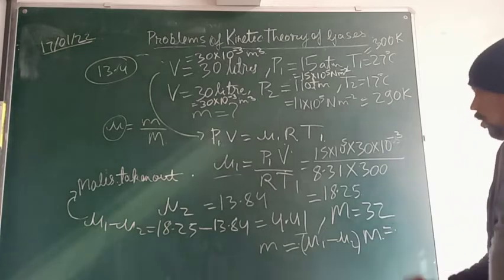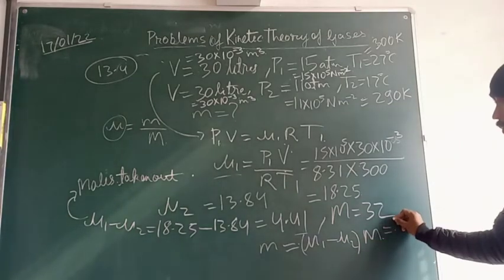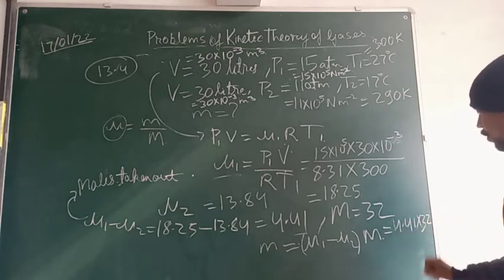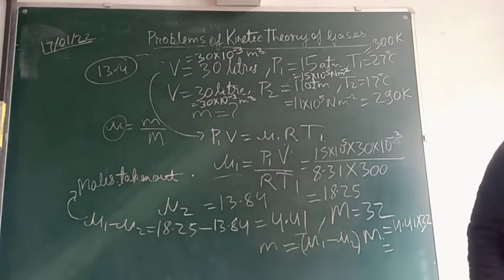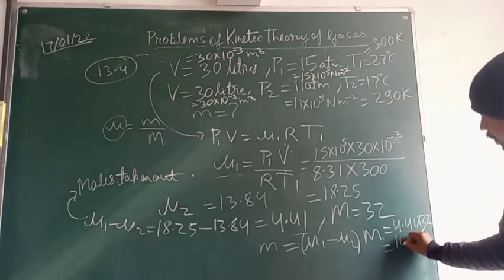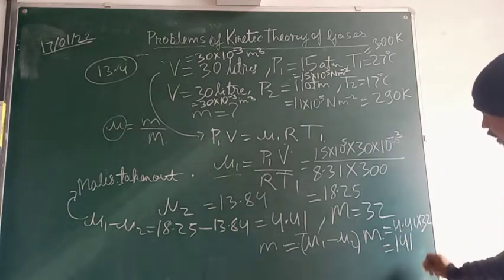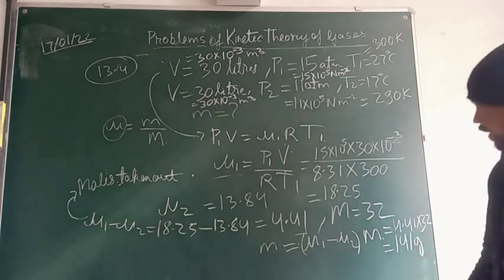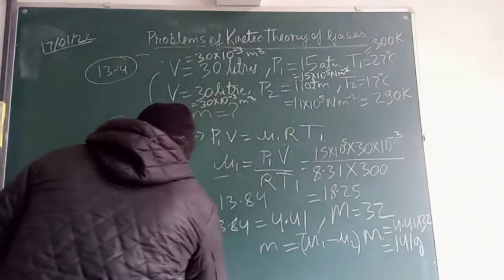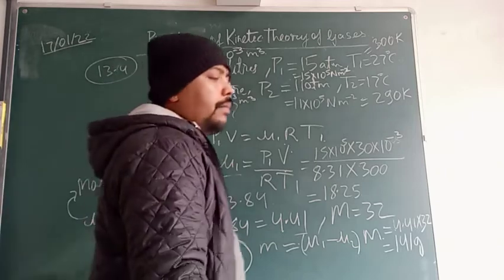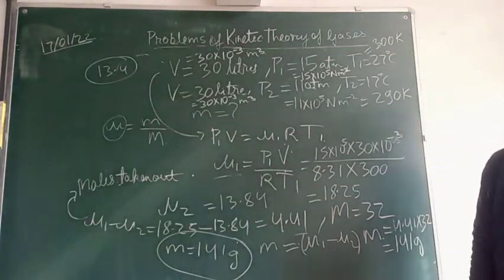So it will come out to be 4.41 into 32, which is 141 in grams. This is the value of small m which we are getting, m is equal to 141 gram. This is how we can calculate the given mass.